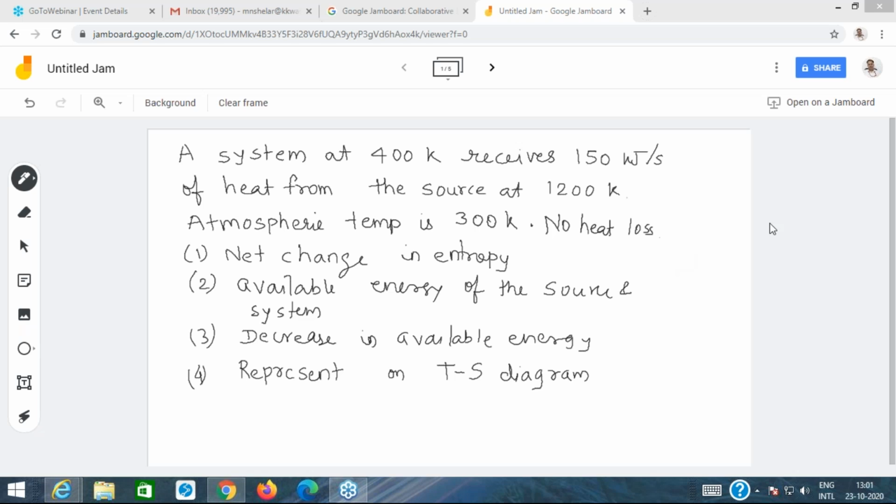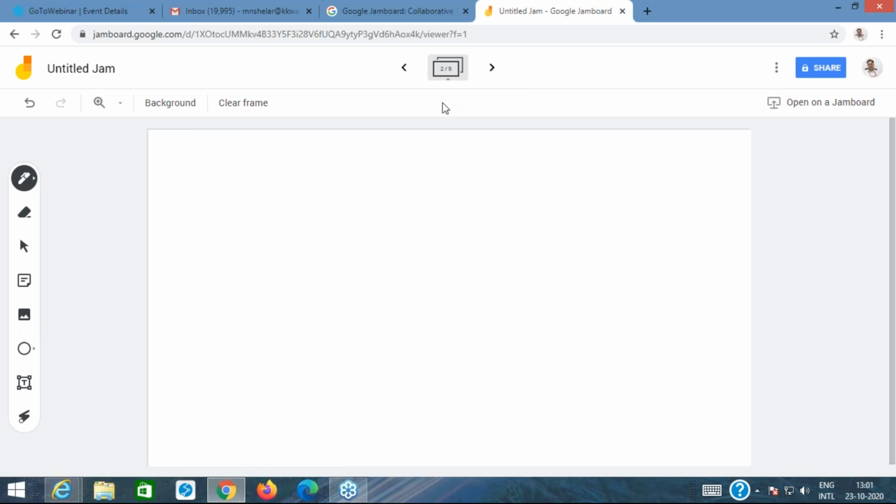So let me just show you the diagram, so that you would appreciate this better. Let us say this is a source, and the source temperature is 1200 Kelvin.